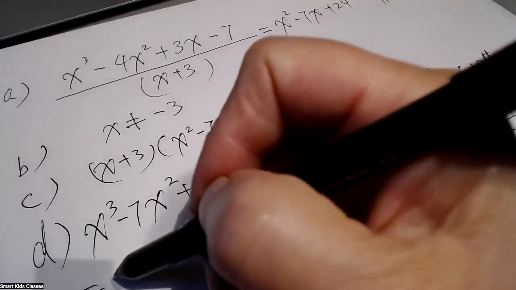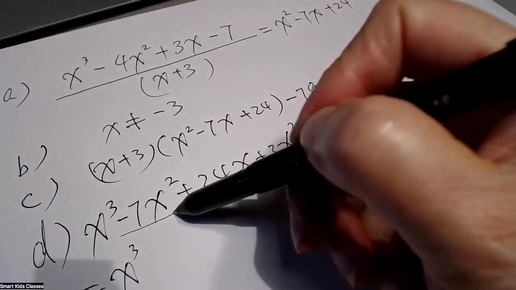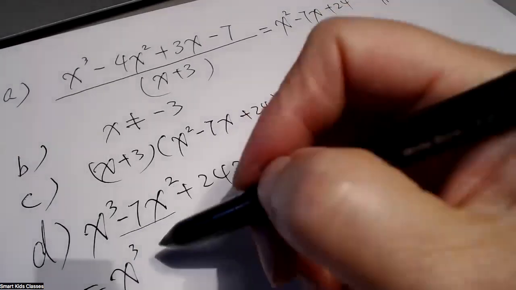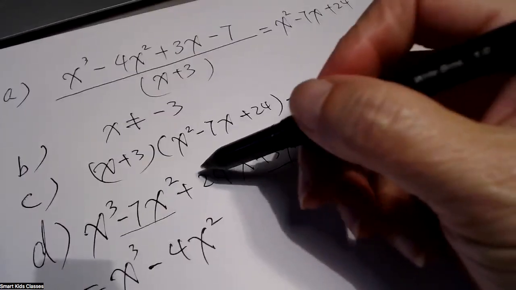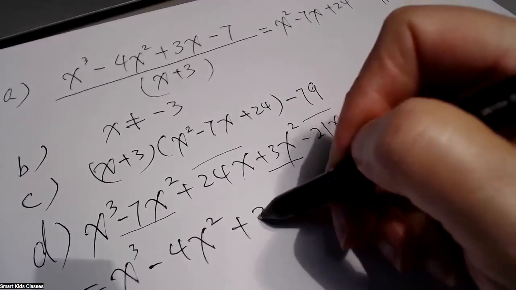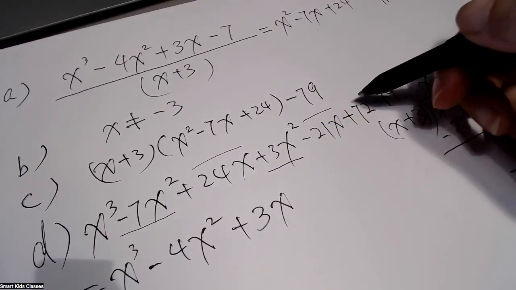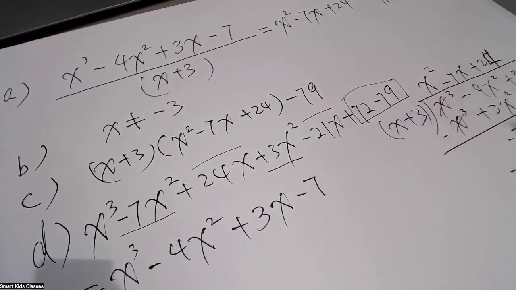So it's equal to x exponent 3. These two you combine, they are like terms. You have a negative 4x exponent 2. And these two are like terms, you combine. You have a 3x. And these constant numbers you combine, you get negative 7.